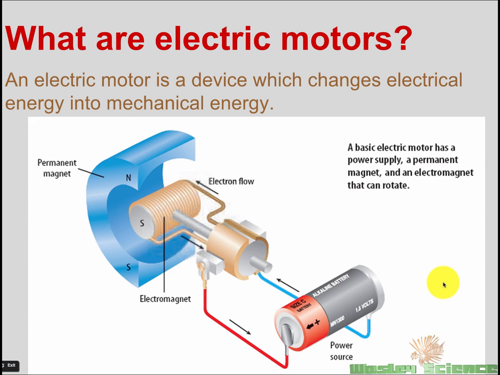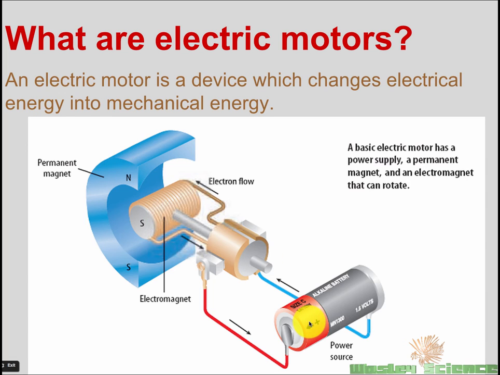Alright, we're going to finish this lesson by talking about electric motors. With this diagram, we're trying to use this battery, which harnesses our electric energy, to get this bar right here to spin. We want it to give us mechanical energy, which would make it spin.